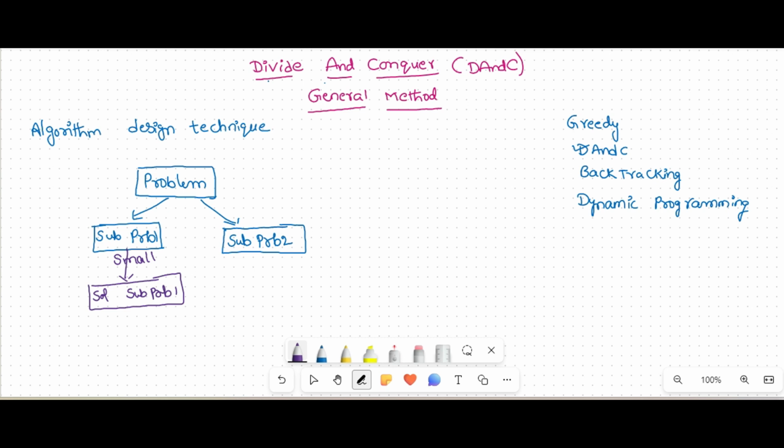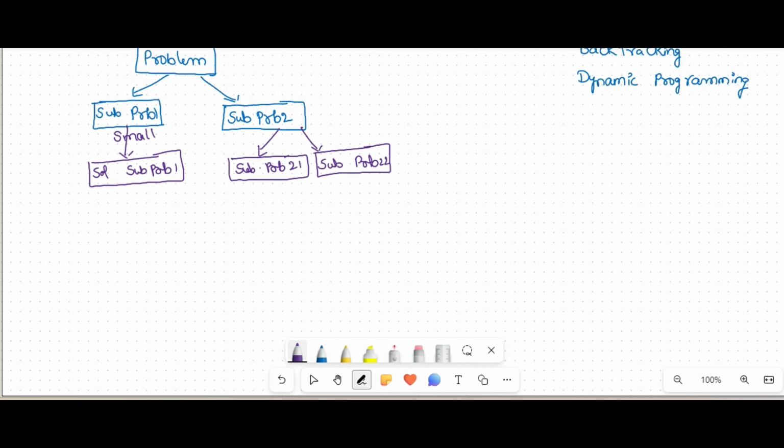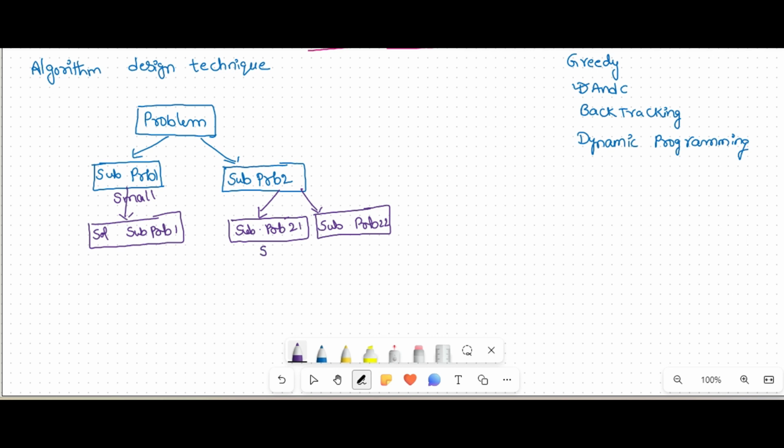Suppose this problem is large, again divide it into two sub-problems, and we get sub-problem 2-1 and sub-problem 2-2. If they are small, then find the solution for sub-problem 2-1, and again find the solution for sub-problem 2-2.